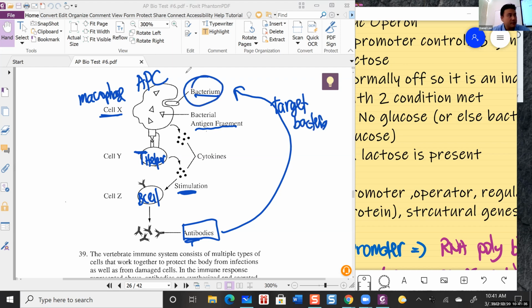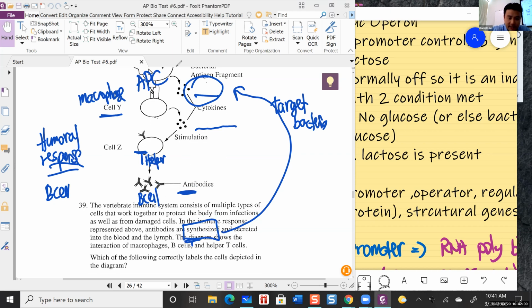So this is how the immune system works. This is the humoral response, yeah. Humoral response involves the B cells, not the cell-mediated response. Cell-mediated response is the T cell that goes after the infected cell. This is the antibody humoral B cell response, okay? So that's what's going on.